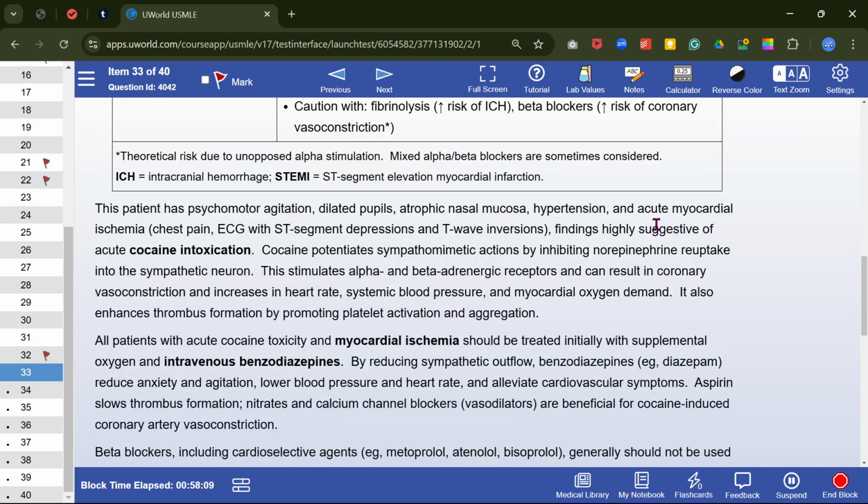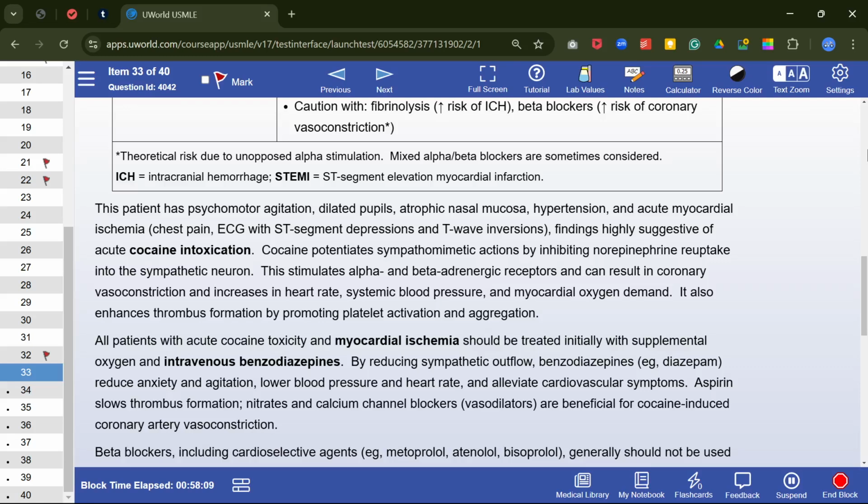This patient has psychomotor agitation, dilated pupils, atrophic nasal mucosa, hypertension, and acute MI with chest pain, ECG with ST segment depression and T wave inversion, findings highly suggestive of acute cocaine intoxication.